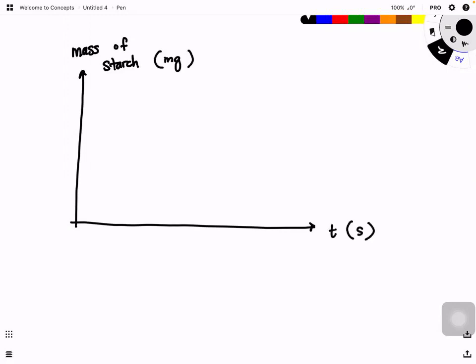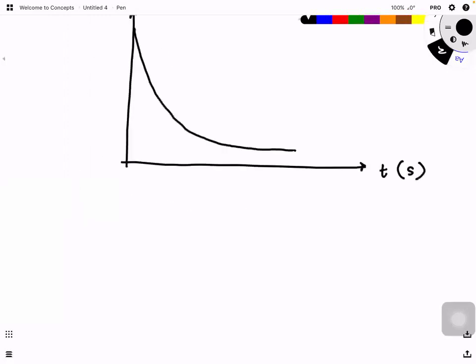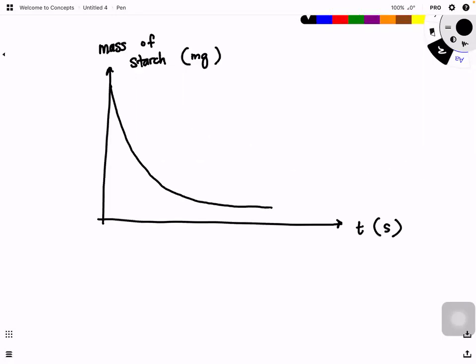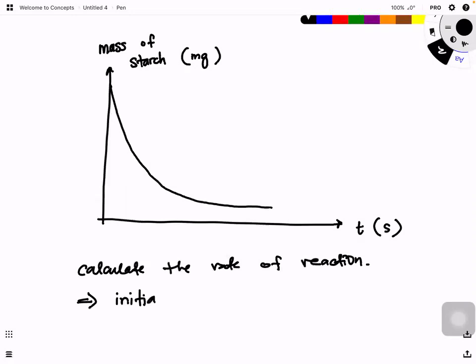So again, you get this drop. If the question asks you to calculate the rate of reaction, can I go for the initial rate of reaction or not? Okay, answer my question now.